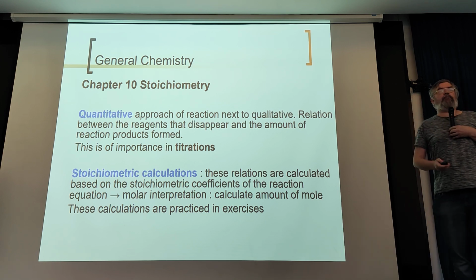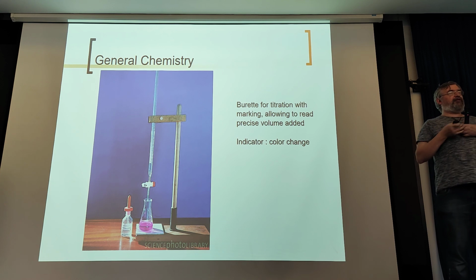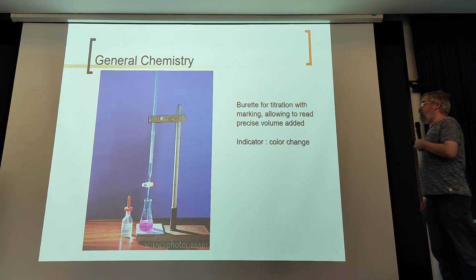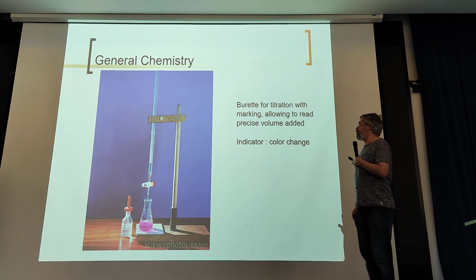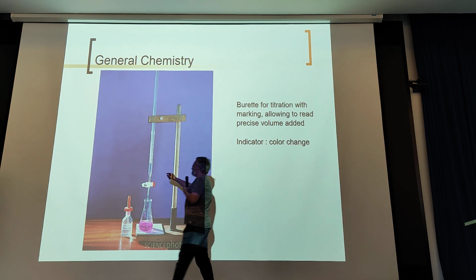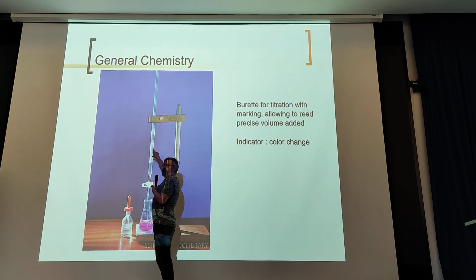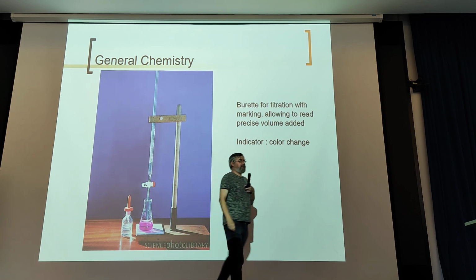I will give a few examples. For people who don't know what a titration is, this is it. Typically, you add certain reagents with a so-called burette, and the burette has gradings on it, so you can see how many milliliters of a certain solution you have added.